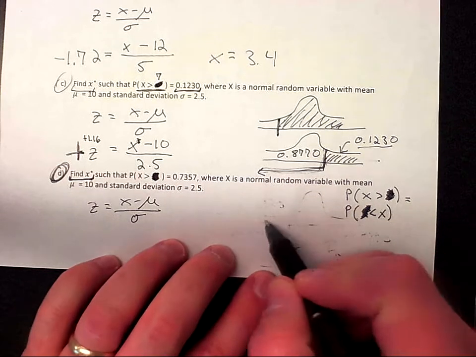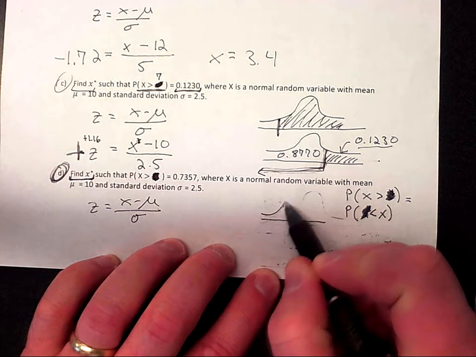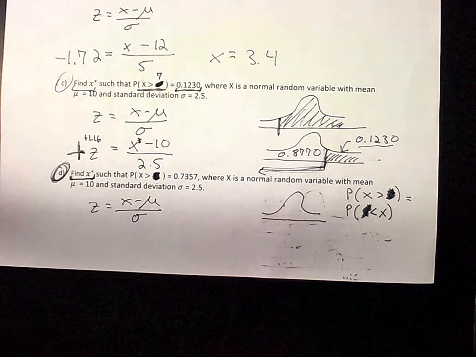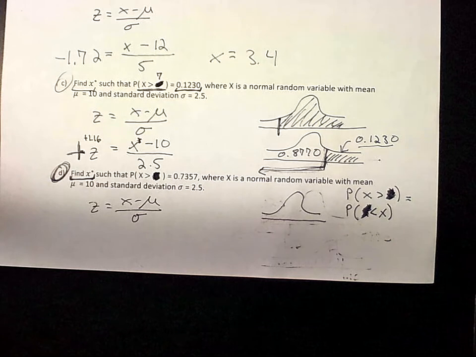All right. So if we're shading to the right, what percentage of the graph do we want to have shaded to the right? Awesome. Approximately 73%, right? Approximately 73% we want to have shaded to the right. Is everybody good with this? All right.